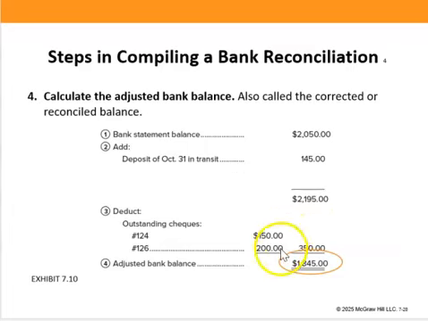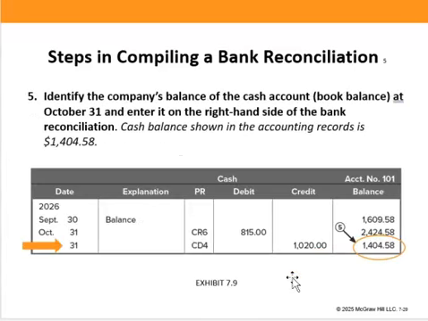And then we have the two checks that have not cleared the bank yet, but will be. So we want to deduct that off to come up with the balance of $18.45. And if you remember, the picture that I showed you of the completed bank reconciliation had the adjusted bank balance of $18.45.